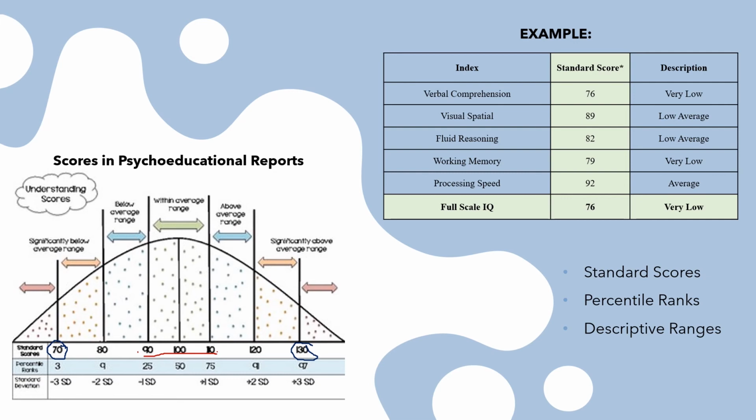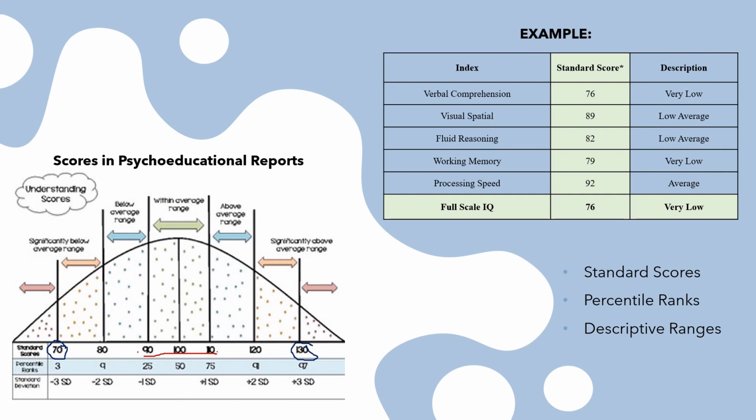Again, it's much more rare to see higher up in that 90th percentile or lower, below the 10th percentile. So when we see something that's in that lower range, we know, okay, that's an area of weakness for them. That's an area that they struggle with significantly compared to other kiddos their age. If we see something up in the higher end, we know, okay, this is a strength. They're performing higher than most kiddos their age, equal to or higher than them.